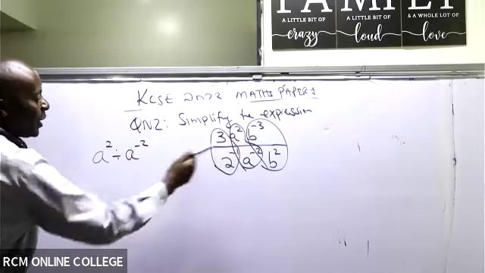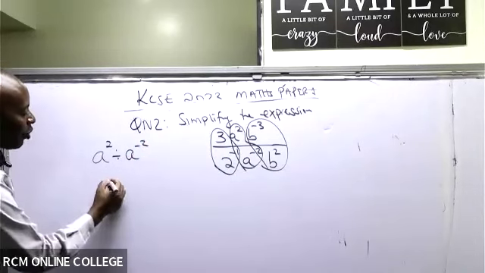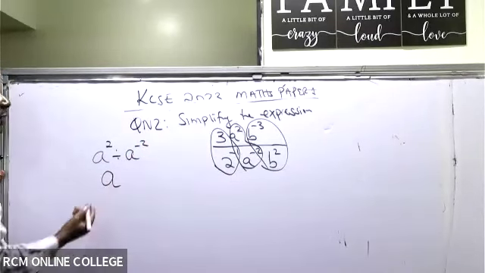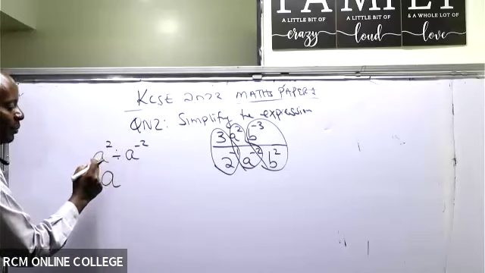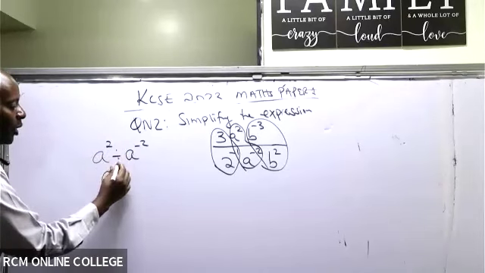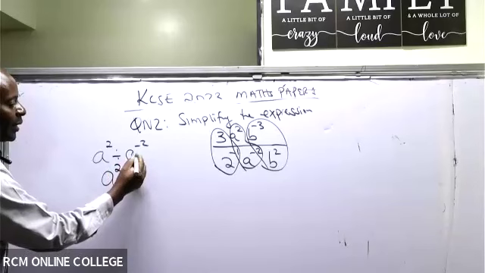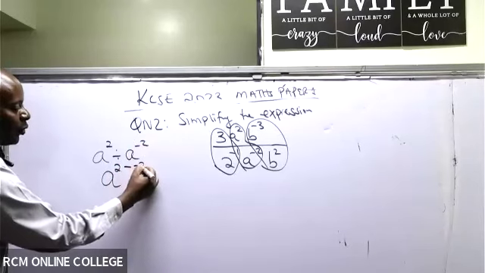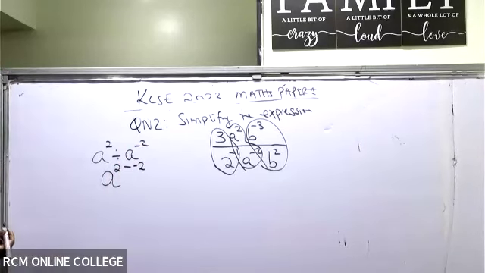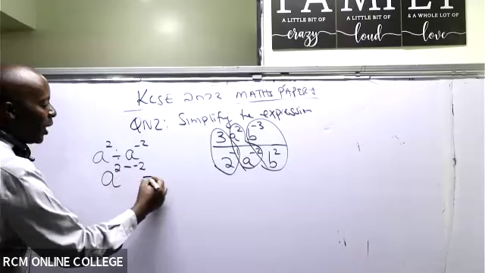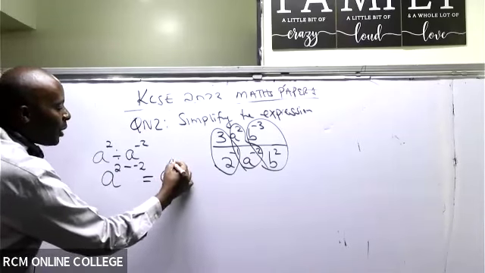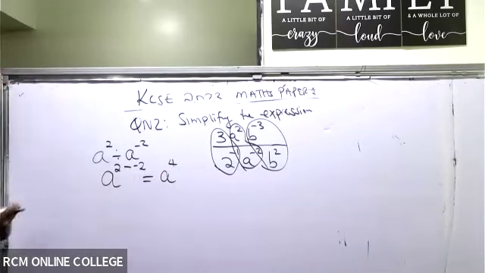I will write the common base, which is a, and subtract the powers because now this is a and a. So 2 minus, and this other power is negative, which is -2. So this will end up giving us a raised to power 4, because minus and minus gives us power 4.